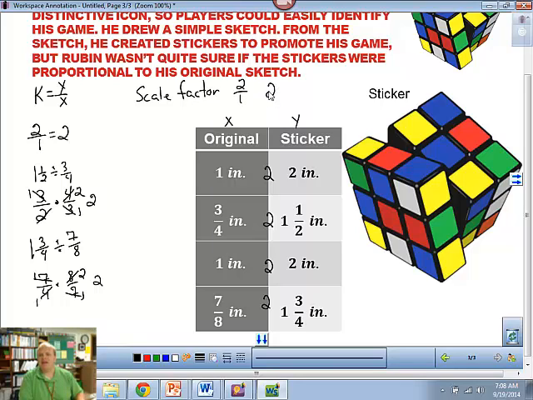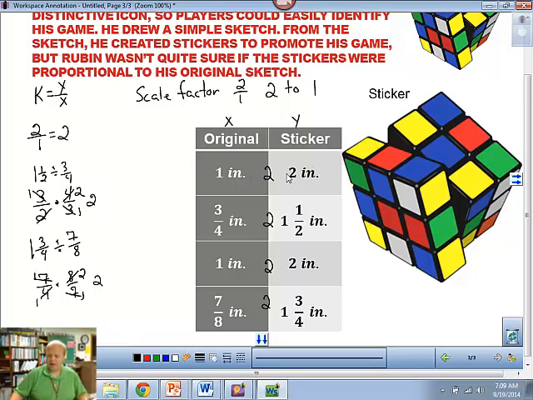I can write that as 2 to 1, correct? So for every 2 inches on the drawing, I'm going to have 1 inch on the actual deal. So my scale factor here is a 2 to 1 scale factor, which means the lengths are 2 times larger. Now, say I have a scale factor of 3, how is that going to change? Well, it's going to be 3 times larger. So instead of having 1 to 2, I'll have 1 to 3.